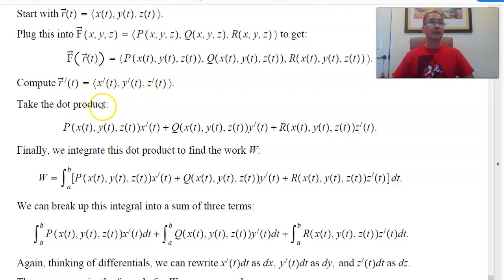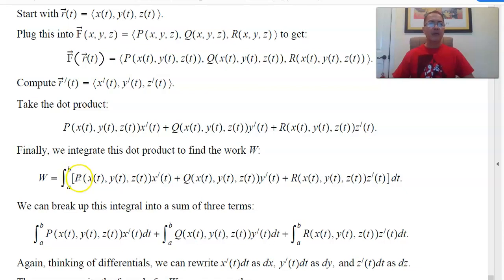After that, we take the dot product. So you multiply this P with x prime, this Q with y prime, this R with z prime. Okay, so there it is. That big mess is what we integrate from a to b.